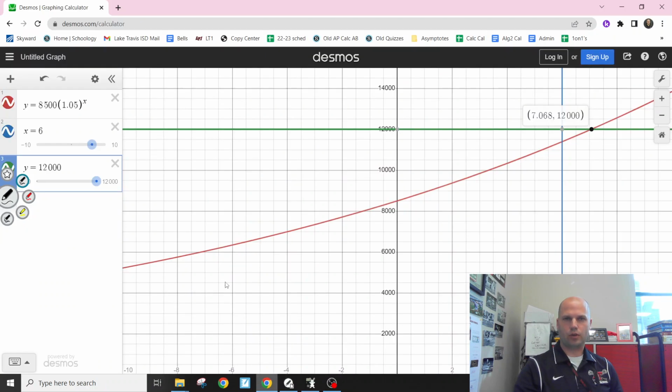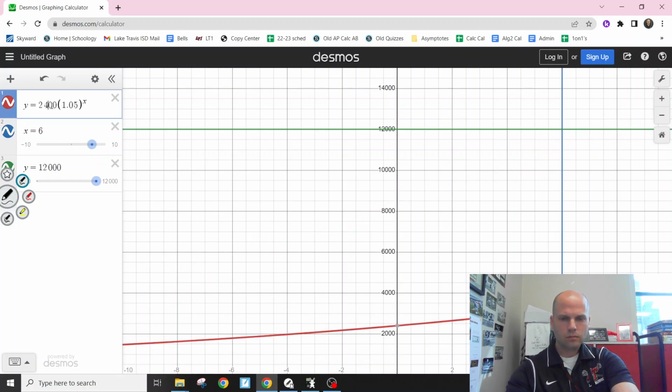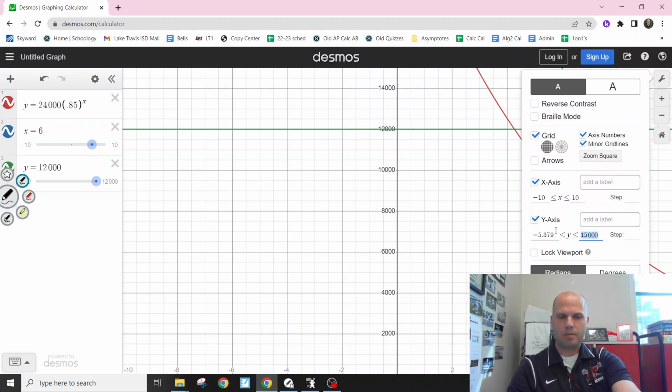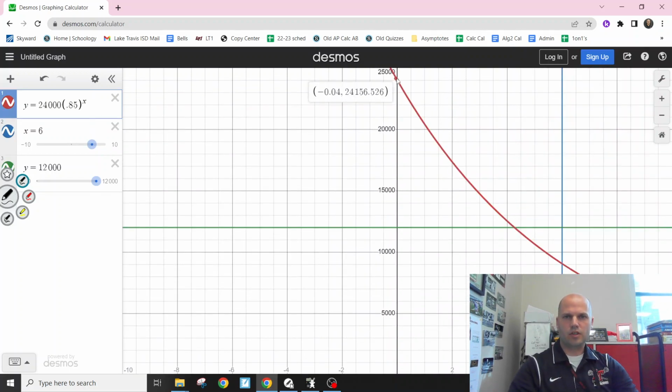We start with the graph of 24,000 times 0.85 to the x. We adjust our y's so we can see, maybe I go up to 25,000. Here is my initial value. Here's how my car's value is decreasing.